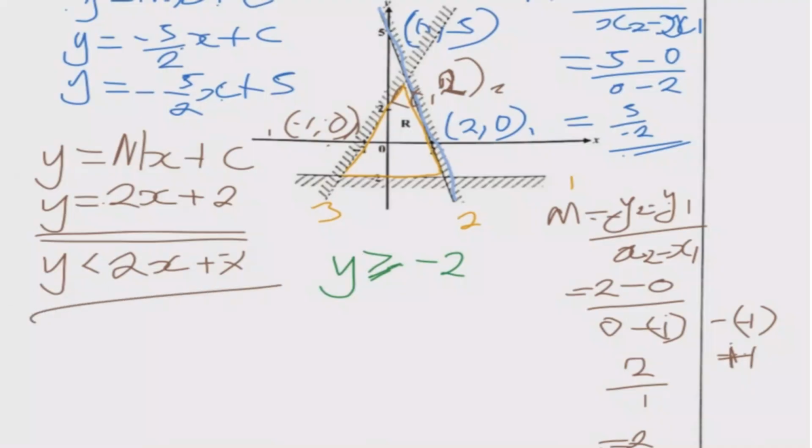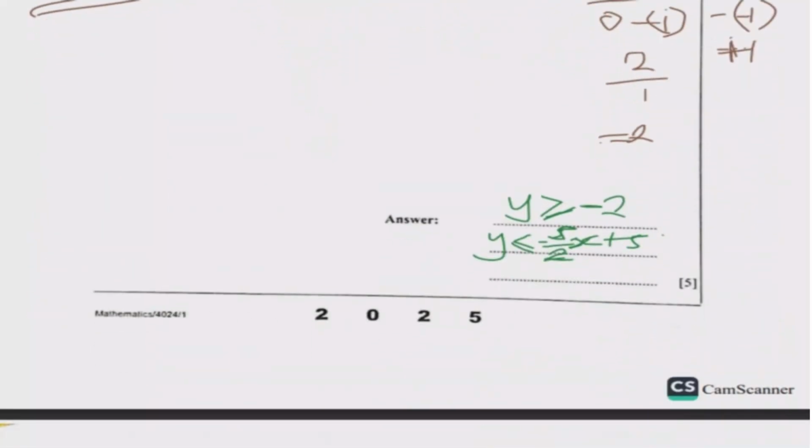Okay, I've converted that one into an inequality. So we can go down and record our answer, which is y is less than 2x plus 2. If there are no questions, basically that's how we go about it.